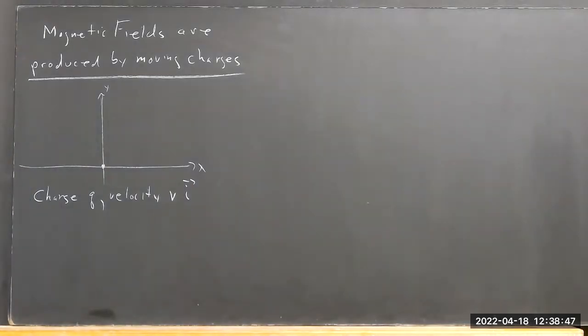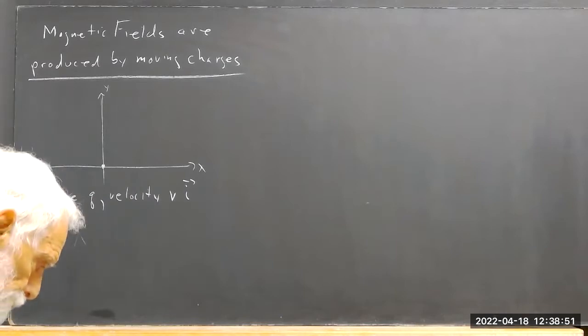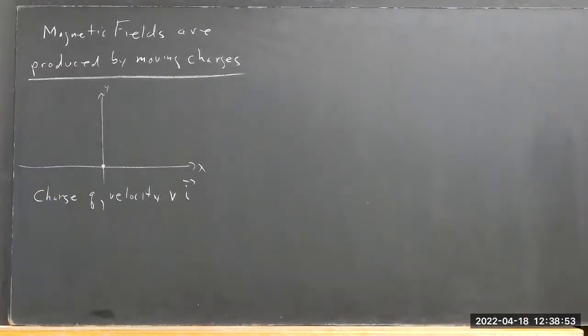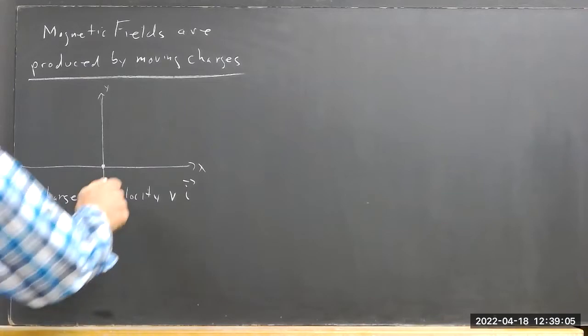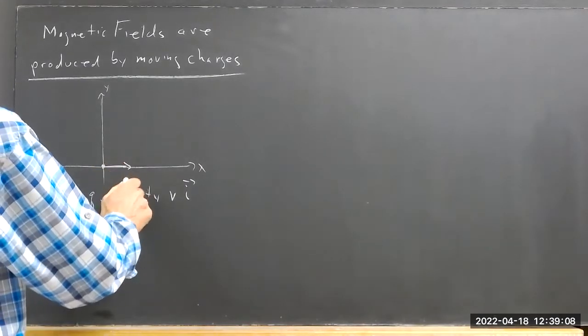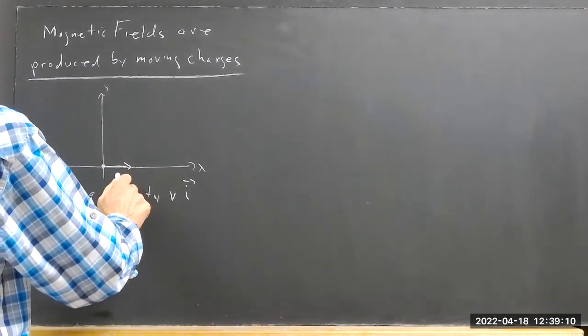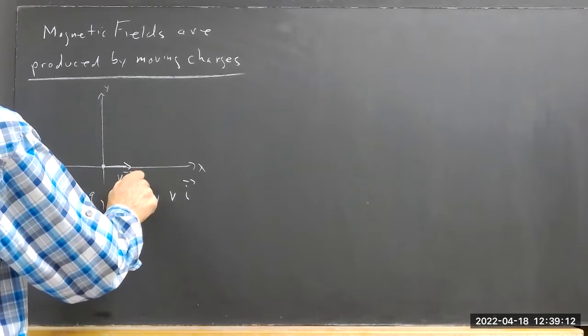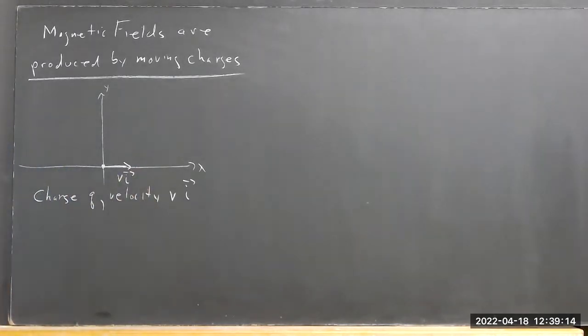The velocity of charge Q is v times i. Now this means that the vector QV is either in this direction or this direction. Vi is in this direction.